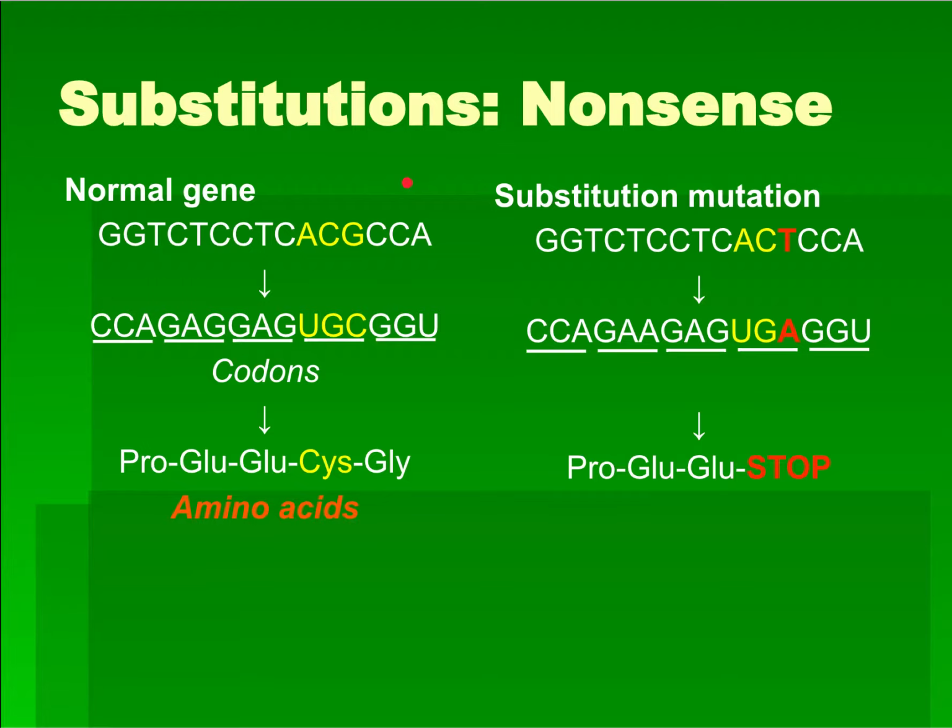Now, you're going to have something that's also called a nonsense mutation. The way I like to remember this, and this one could be really bad, is that if it's nonsense, it's not making any sense. So as we can see, back to our normal gene, we can read our codons, but now the codon we're going to look at is the second to last. We're not looking at that second one anymore.